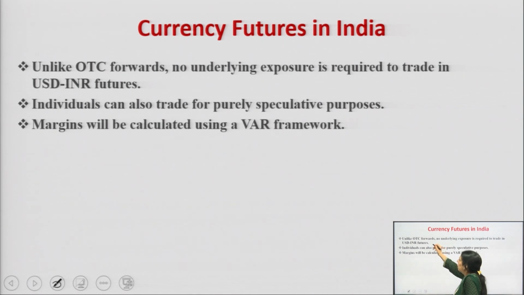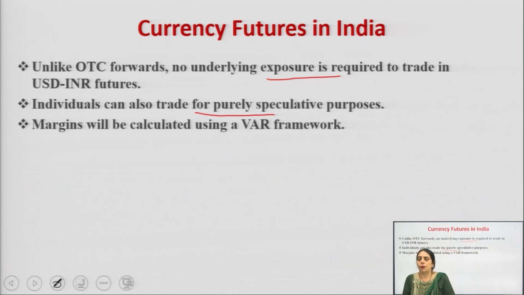It is very important that the quotation is given in rupee terms only. Unlike OTC, over the counter forward contracts, no underlying exposure is required to trade in US dollar and Indian rupee futures. Individuals can also trade for purely speculative purposes. Importers, exporters or bankers trade only when they want to hedge their risk, but individuals can take a long or short position depending upon the market situation for speculation. Speculation means they just want to earn a profit.